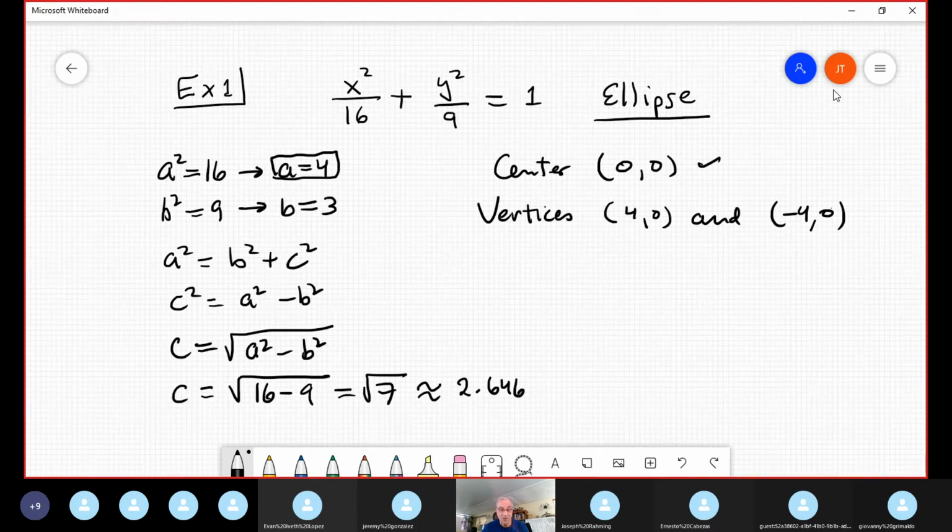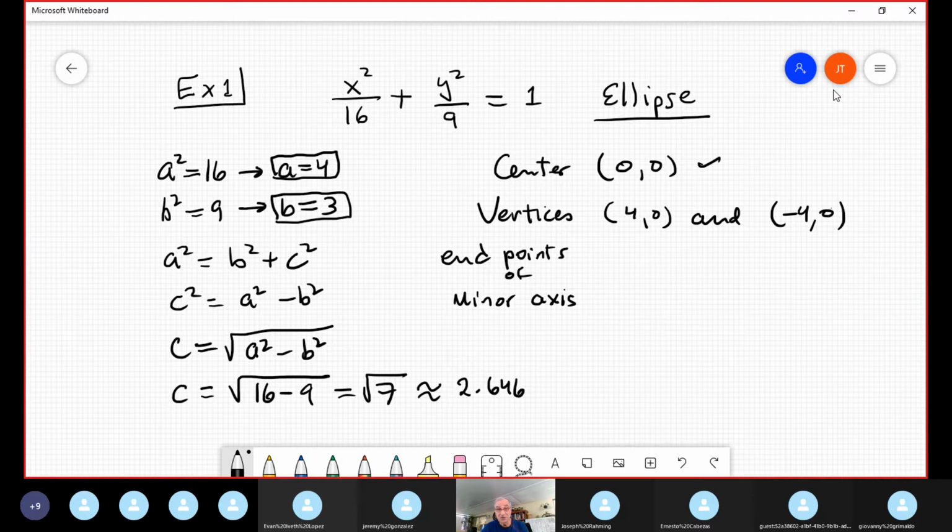So now the endpoints of the minor axis can be from the center, but in this case in another direction, in the y-axis, because remember B is associated with the y, is 0,3 and 0, negative 3.